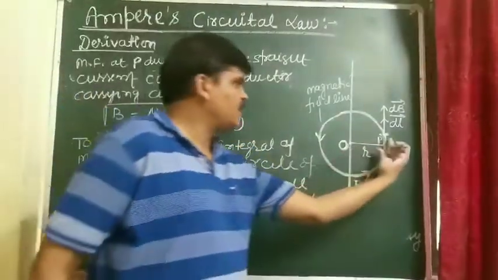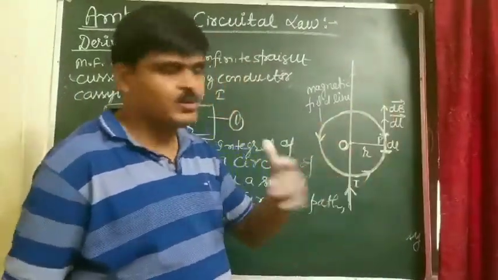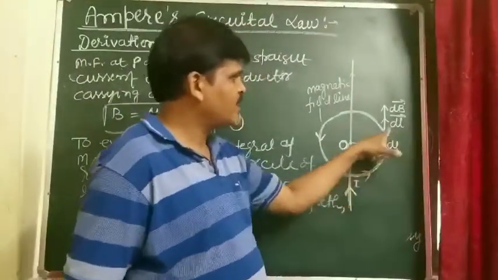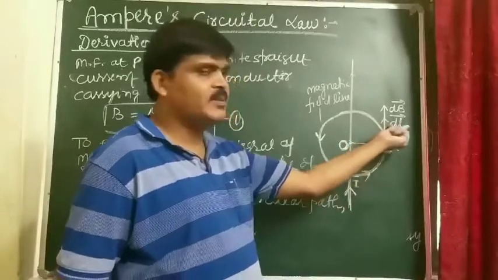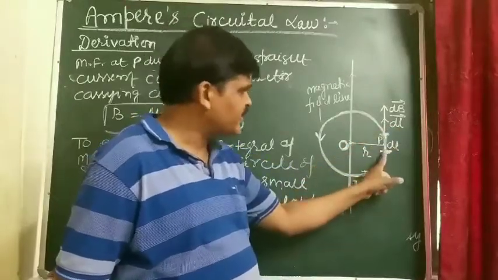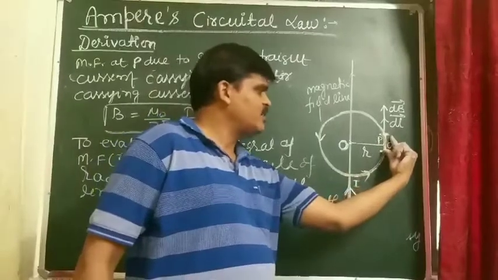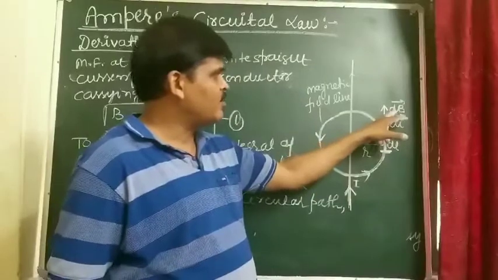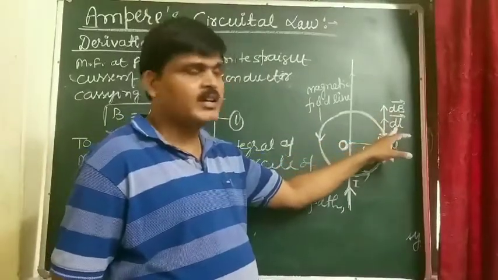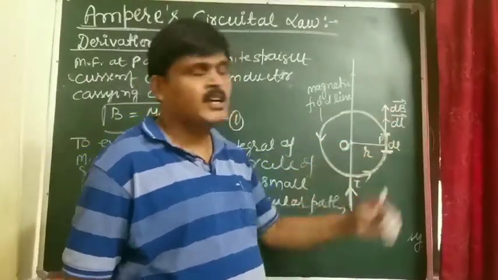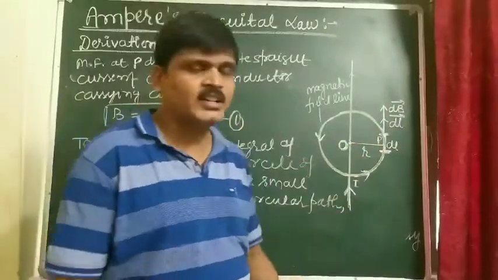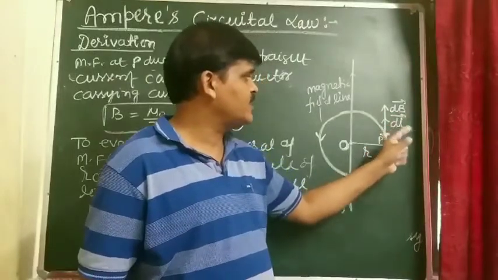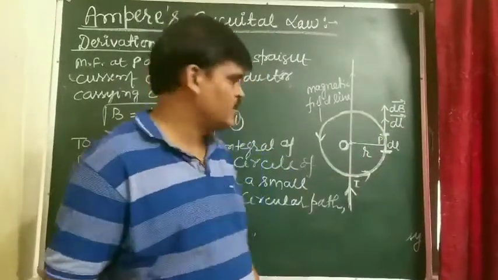And students, I have already explained the direction of dl. The dl vector is tangent to the circle. So here the direction of the magnetic field and the direction of the dl vector are both acting tangentially. So the angle between the B vector and the dl vector is 0 degrees.